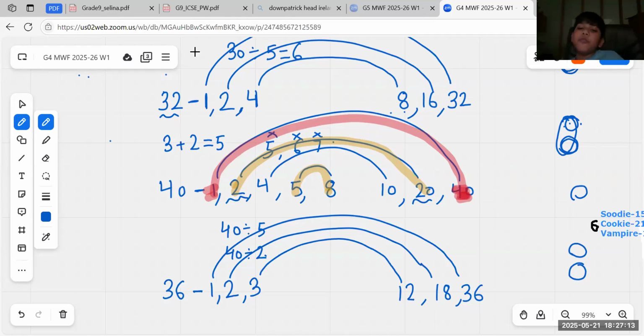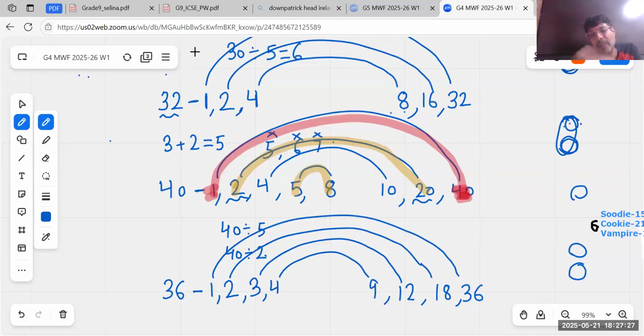It can't be 4. Sir, it can be 4. And what will you get free with 4? 9. Then what will be the next factor? Sir, it will not be 5. Then let's move on to the next one.